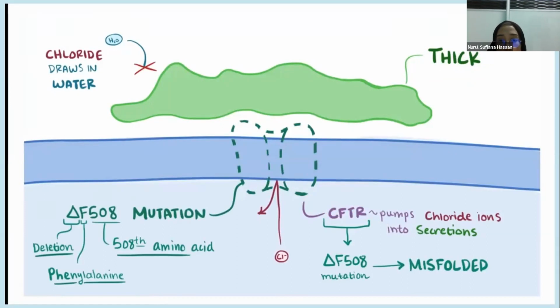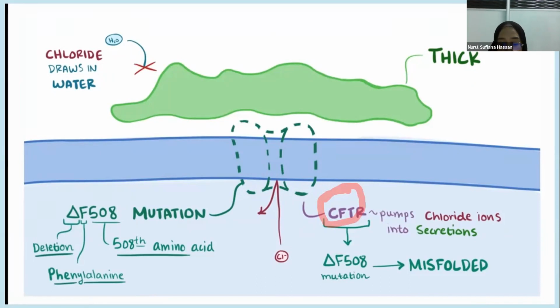This means that when there is no CFTR protein, chloride ion cannot be pumped out into the secretion, so water cannot be drawn in and the secretion will be left overly thick.